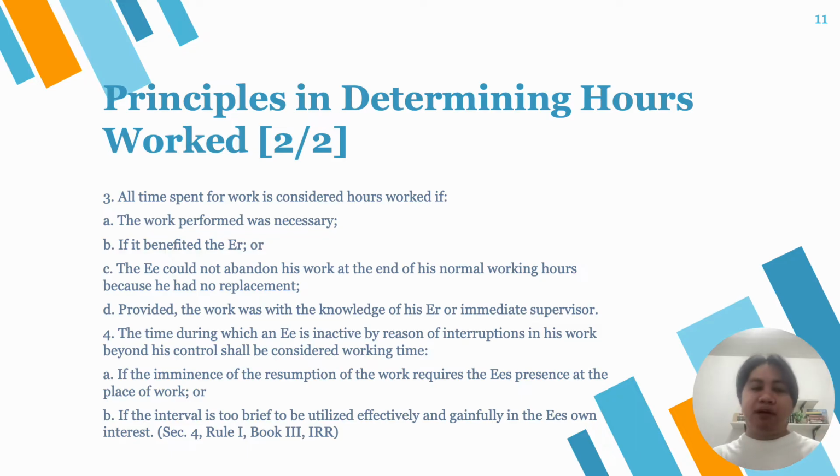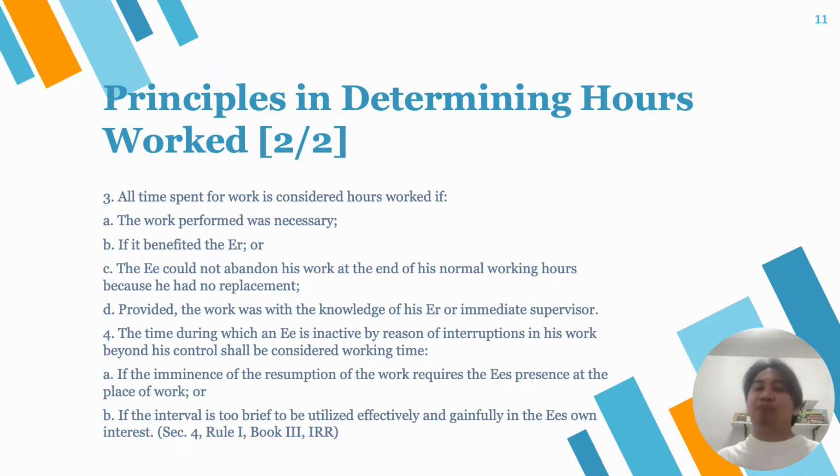The fourth principle is that the time during which an employee is inactive by reason of, say, an interruption in the work beyond the employee's control shall still be considered working time if the imminence of the resumption, meaning the possibility that the work will resume, requires the employee to be present at the workplace, to stay.